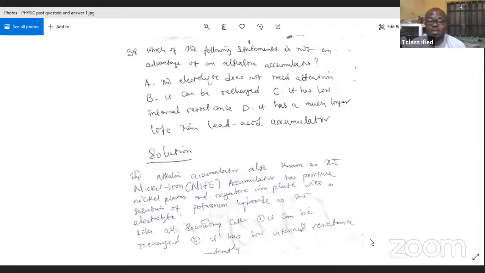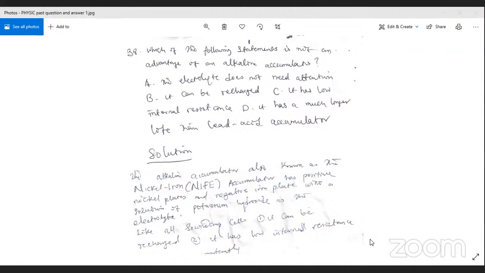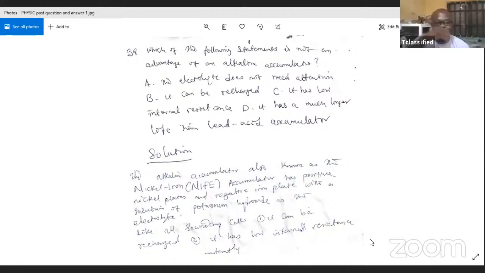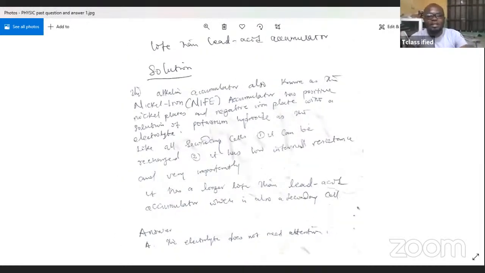If something has longer lifespan, that means it's durable, it's good for work. Yeah. The electrolyte does not need attention, so. Yeah, that's what it is. Okay. So let's move forward.